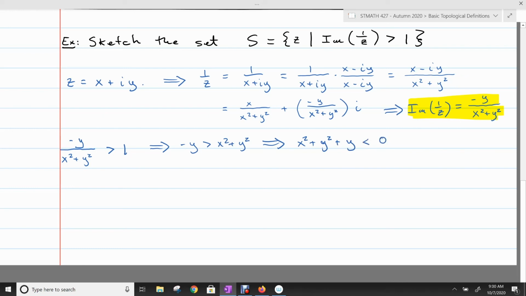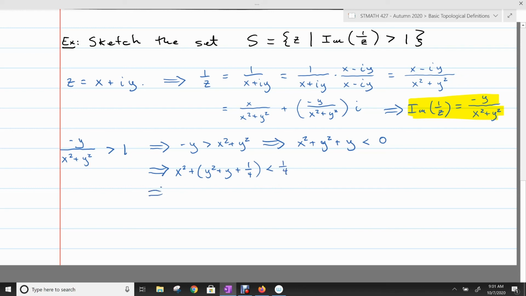And I'm recognizing this as the sum of a quadratic in x plus a quadratic in y. So I know that those things generally work out to be circles, and by doing some completion of the square, I can figure out where that circle's centered. So in this one, I could write x squared plus y squared plus y, then I take half of the coefficient of y and square it, so it'd be add a fourth. And so I'm going to add a fourth to both sides of this inequality.